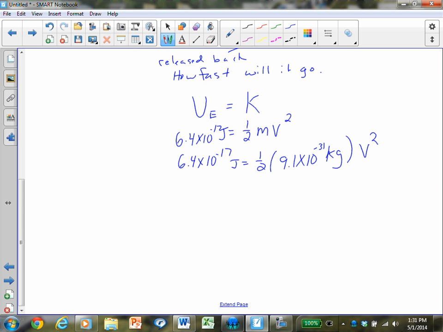So 6.4 times 10 to the minus 17 times 2 divided by 9.1 e to the minus 31 gives us that. Square root it. V equals 1.2 times 10 to the 7 meters per second.